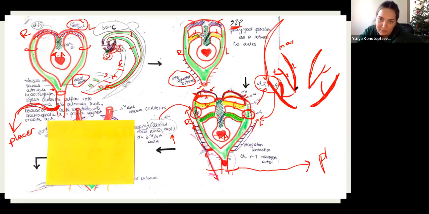In my drawing it looks weird, but external carotid branch will be in the proximity of the first and second aortic arches. It will be very near them. So the first and second aortic arches are going to be attaching to the external carotid branch, and the rest of the aortic sac that was present here will degenerate, it will disappear.